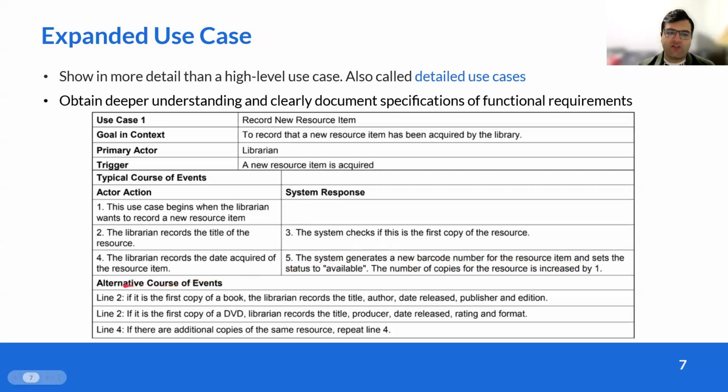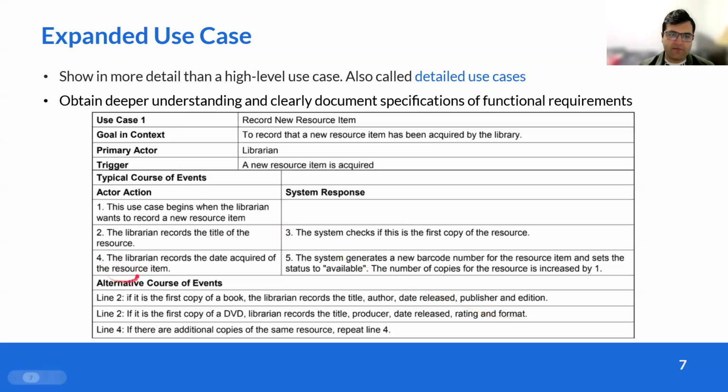And then you also have an alternative course of events. In line two, the librarian records the title of a book, and the system response checks if it's the first copy. If it's the first copy of a book, these are what you need to record. If it's the first copy of a DVD, these are what you need to record.